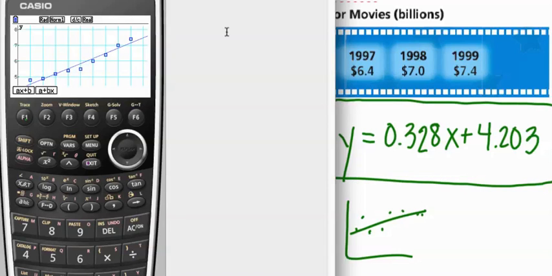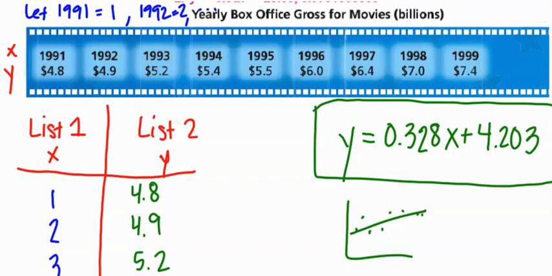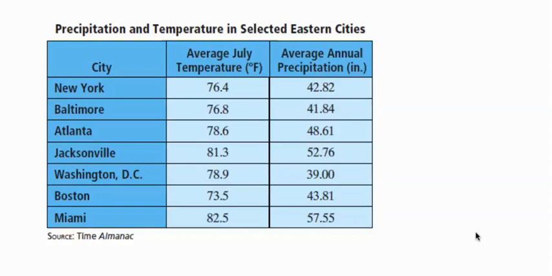And we've got one more. And I think what I'll do on this one is I'll give it to you as an example for you to try. Precipitation and temperature in selected eastern cities. Let's see if you can't come up with the equation of this linear regression line. Your independent variable is the temperature. We have no control over the temperature in this case.